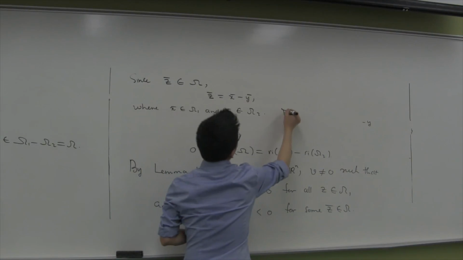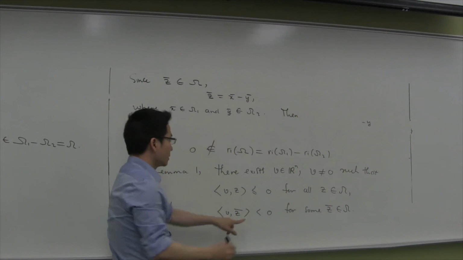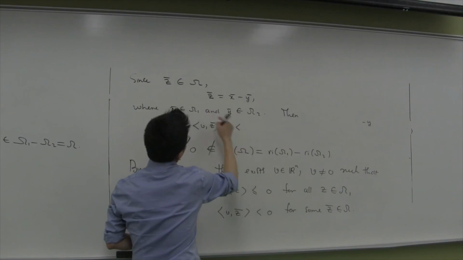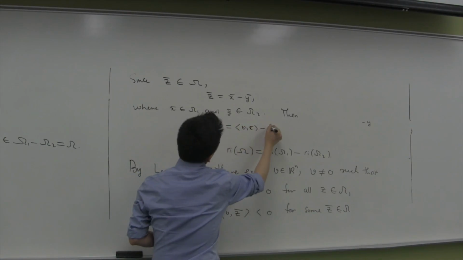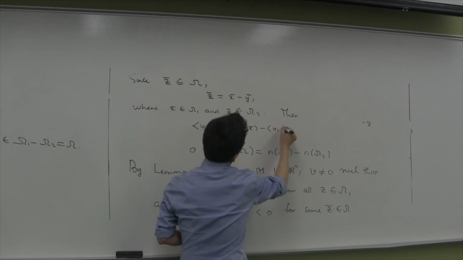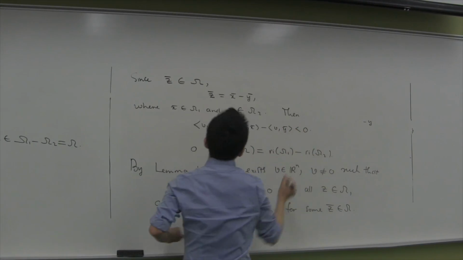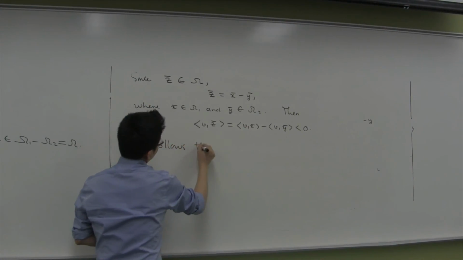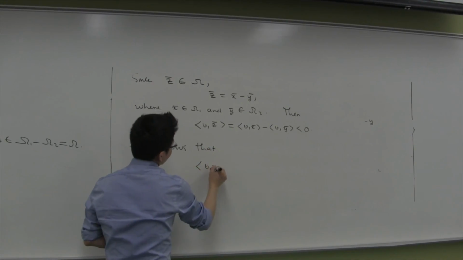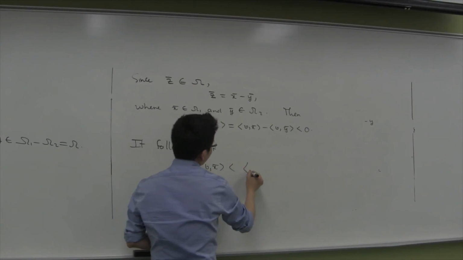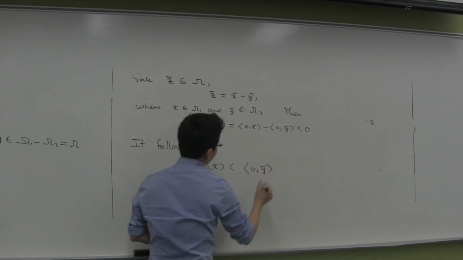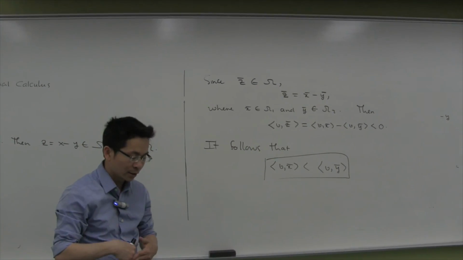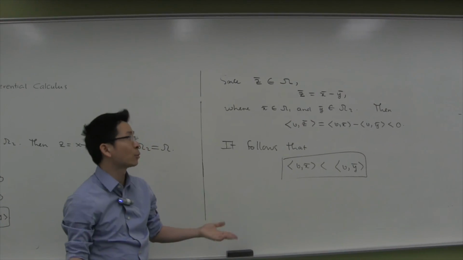Then, as we know over here, the inner product of V and G bar is equal to the inner product of V and x bar minus the inner product of V and y bar. And this is strictly less than 0. It follows that the inner product of V and x bar is strictly less than the inner product of V and y bar.